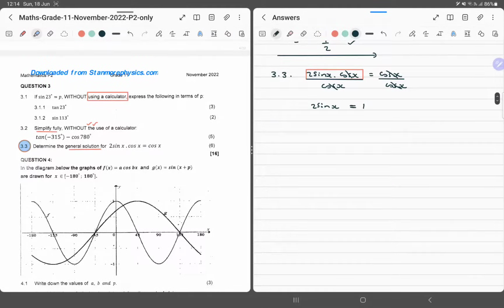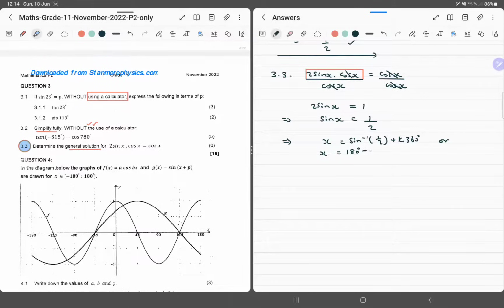All right. And then this implies that sine x is a half, right? When you divide by 2. So therefore this means x is equal to arc sine of a half plus k times 360 degrees, or x is going to be 180.